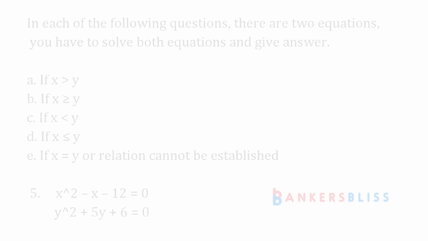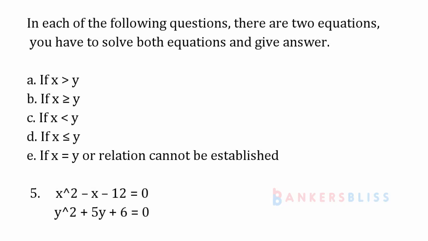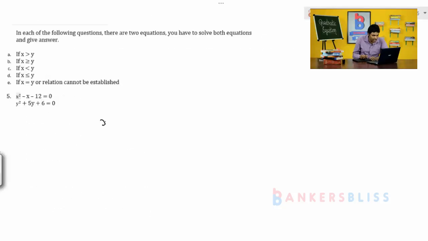Okay, let us move on to the next problem, problem number 5. Consider the first equation, again x square minus x minus 12 is equal to 0. So, here the coefficient is 1.